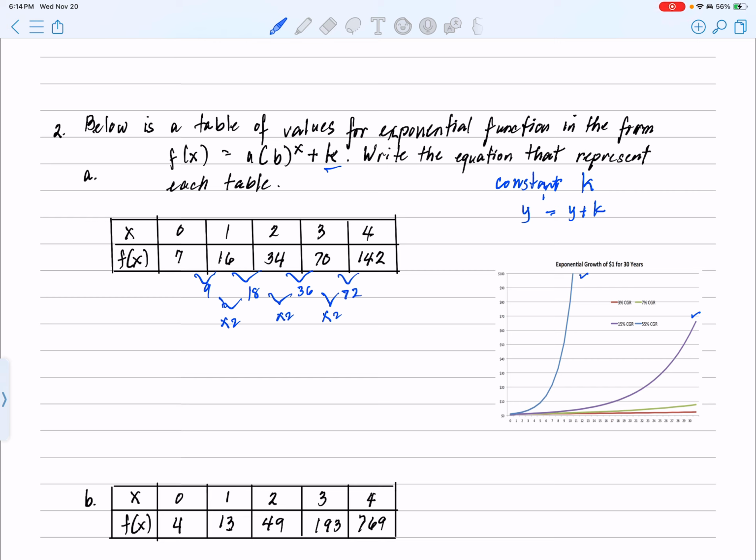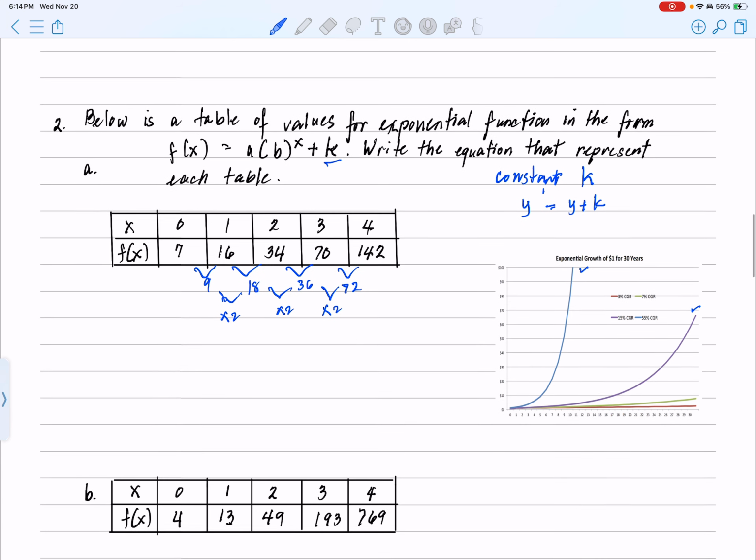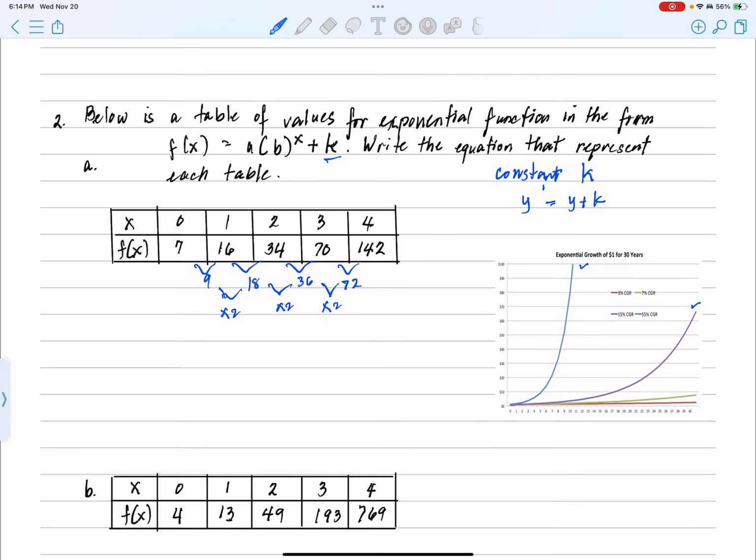So to get the succeeding term, we multiply by the proportional value, which is 2. We call this our b.